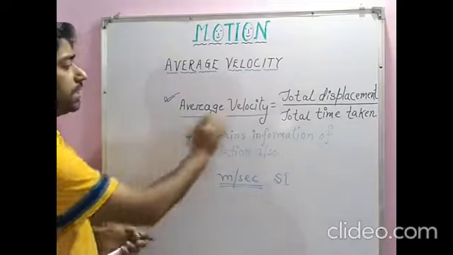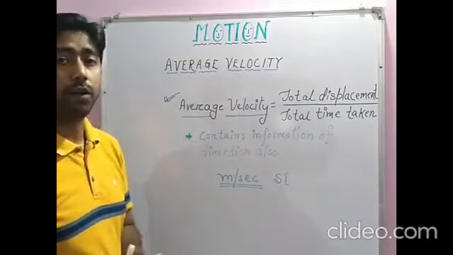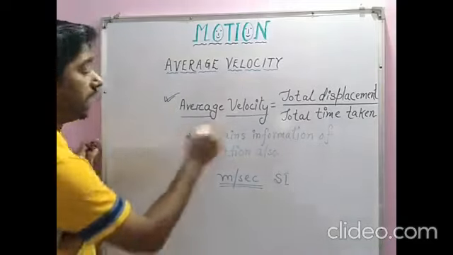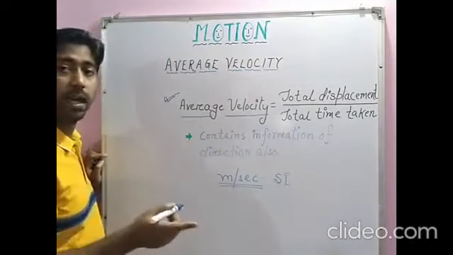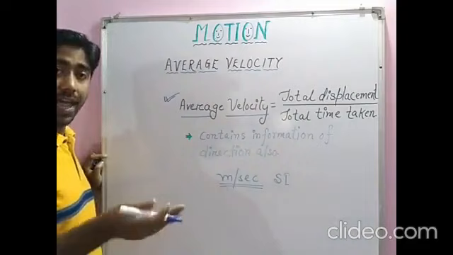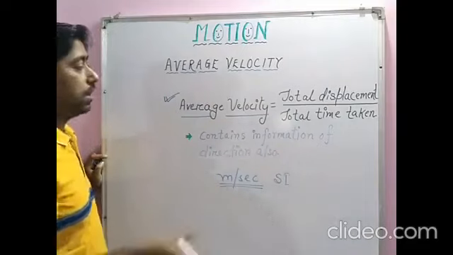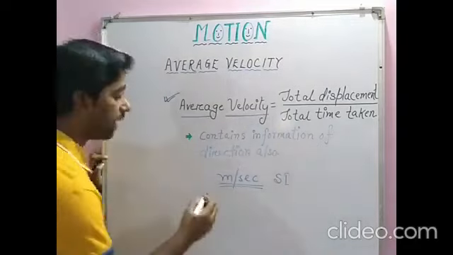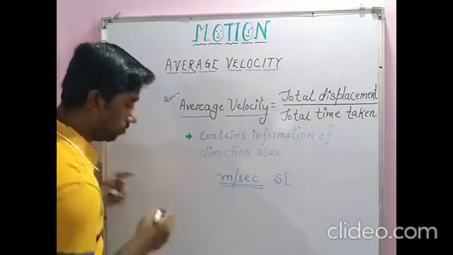Since average velocity contains information about direction, it has been classified as, I told you earlier that physical quantities are classified as scalars and vectors. Average velocity is a vector quantity.